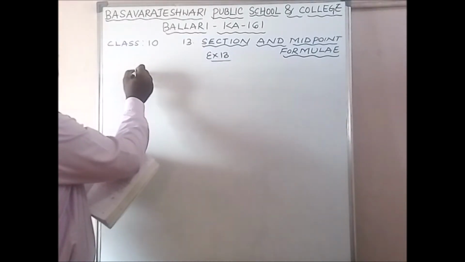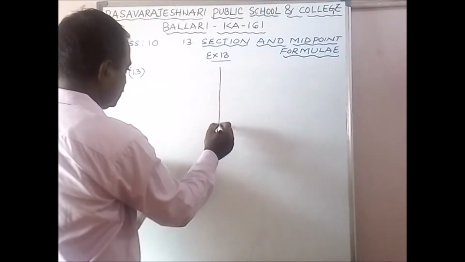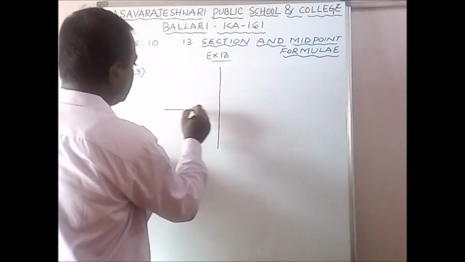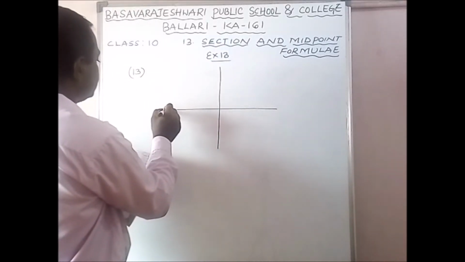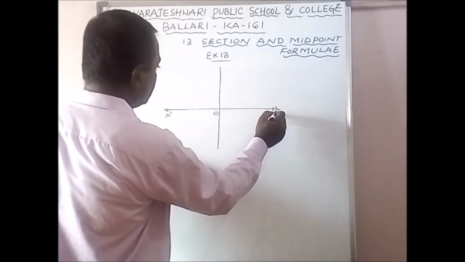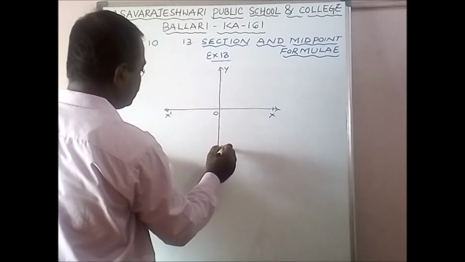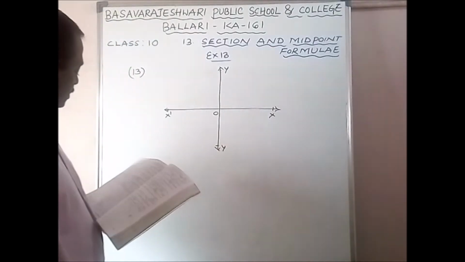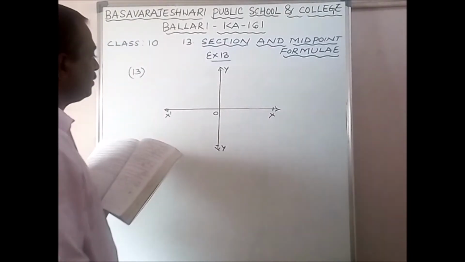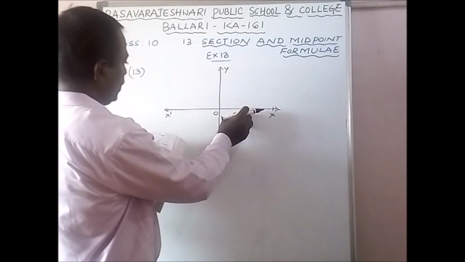So observe here. This is the x-axis. This is the y-axis. They are given the point A(2, 3). 2, 3 means definitely it will come in the first quadrant.